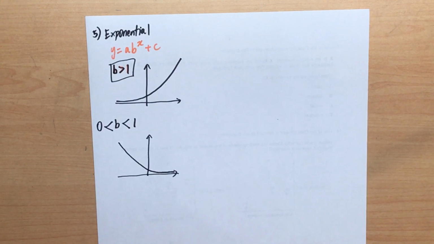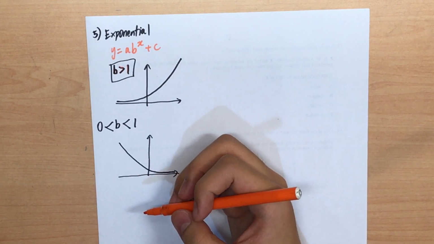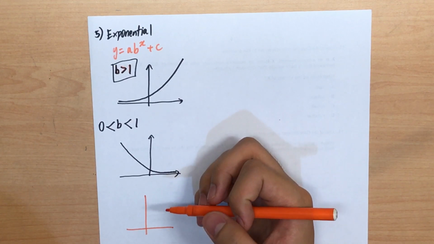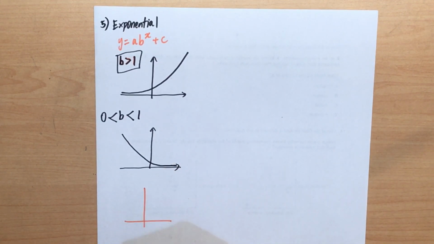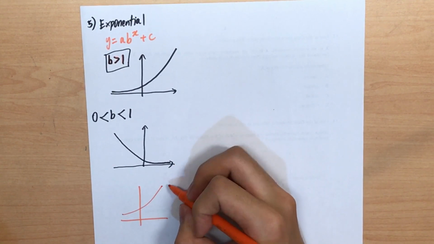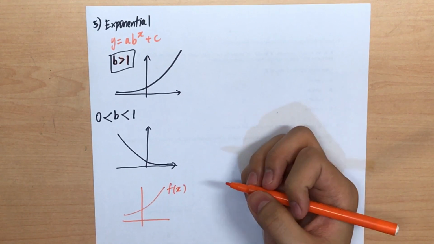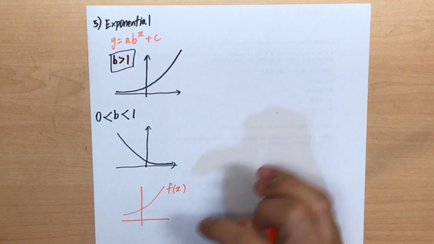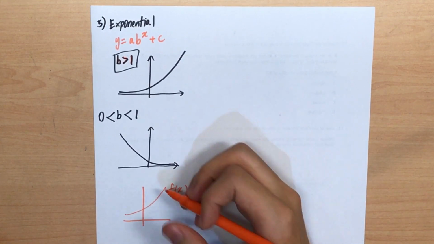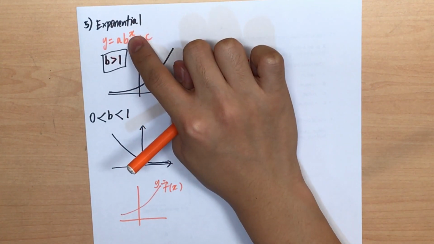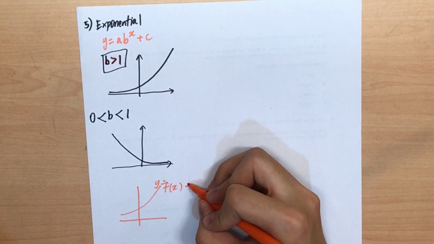A simple example: I don't use numbers, I use f(x) as an example. Let's say this is y equals f(x), and f(x) is a to the power of x, plus 5.